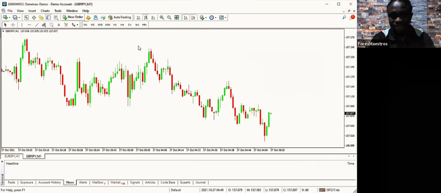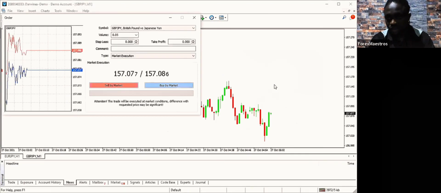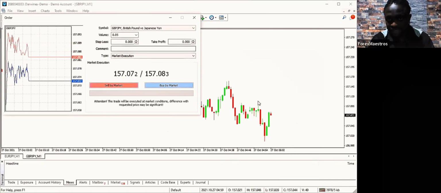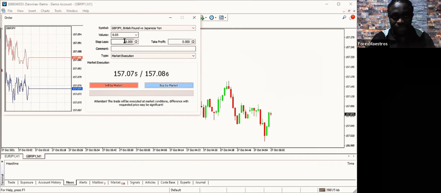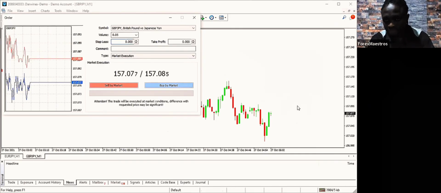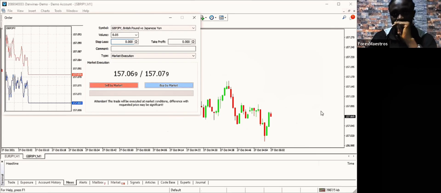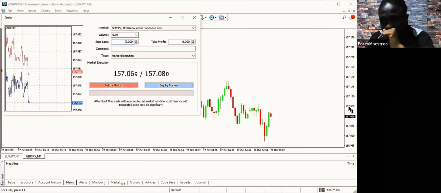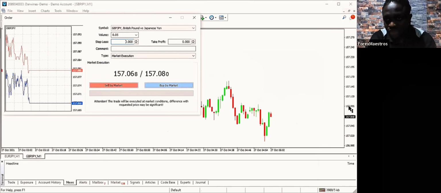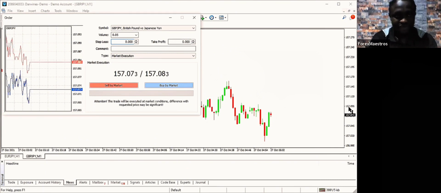So I go to new order, and I say, this price is moving. I want to enter it with this size, and I want to enter a sell. So if price goes against my direction after I enter, it shouldn't go beyond 157.095.